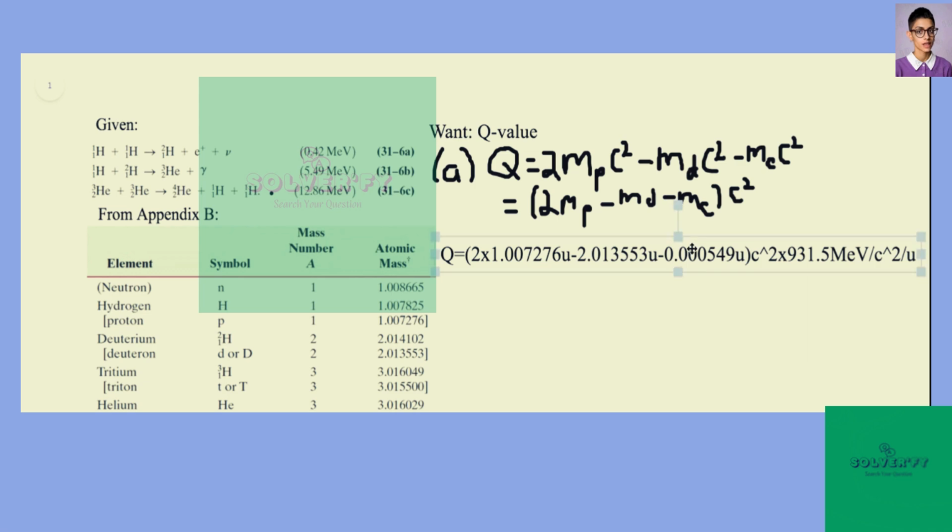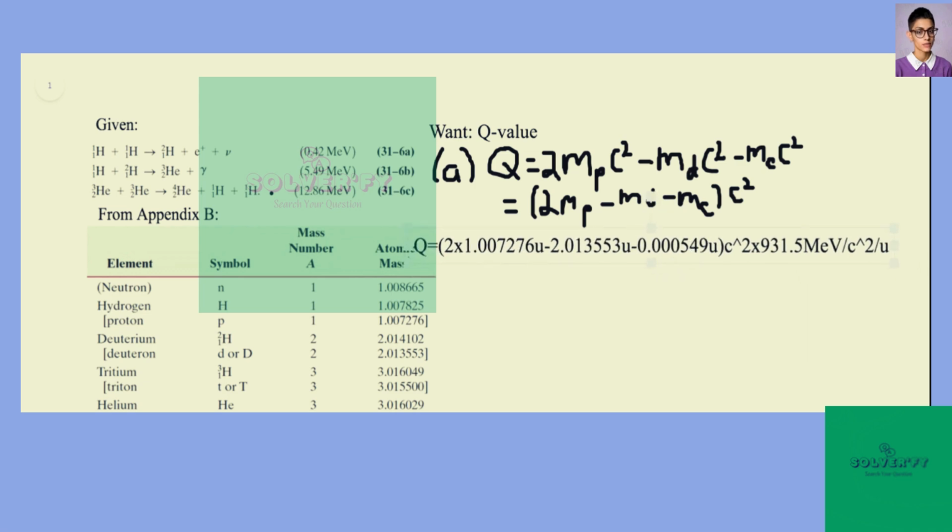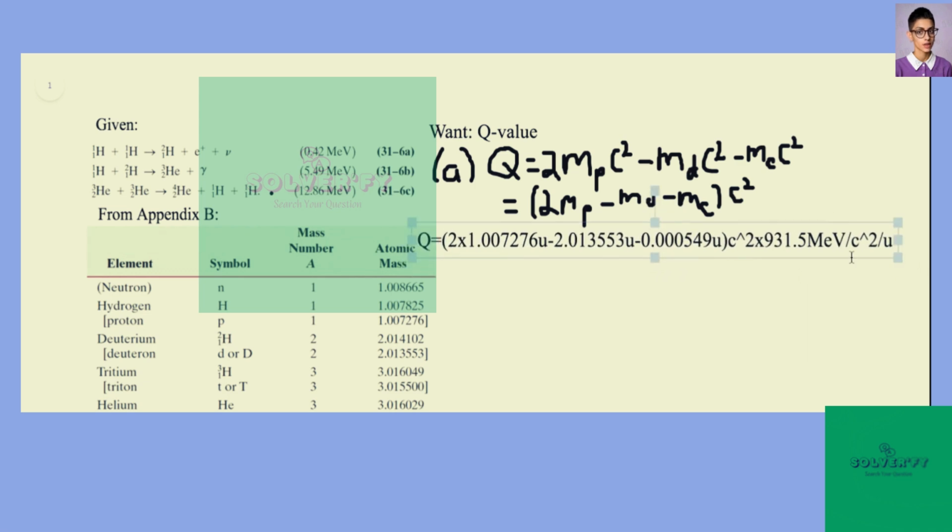And so you can check that the units all cancel out to give us the result in megaelectron volts. And you can put that into a calculator and verify that it does in fact equal close to 0.42 megaelectron volts. Equals approximately, I'll do a curly equal here.